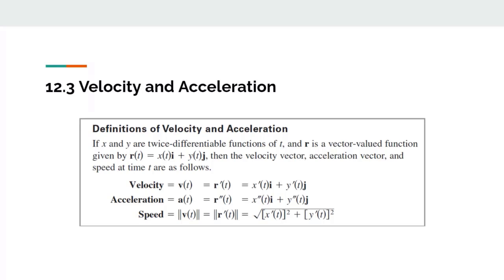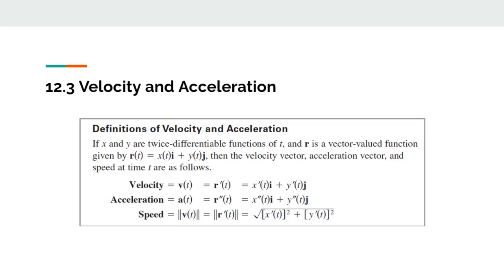So, the definition of velocity and acceleration. x and y are twice differentiable functions of t. r is a vector valued function given by r equals x of t i plus y of t j. Then the velocity vector is just exactly what you would think: you take the derivative of each component once, and for acceleration, twice.